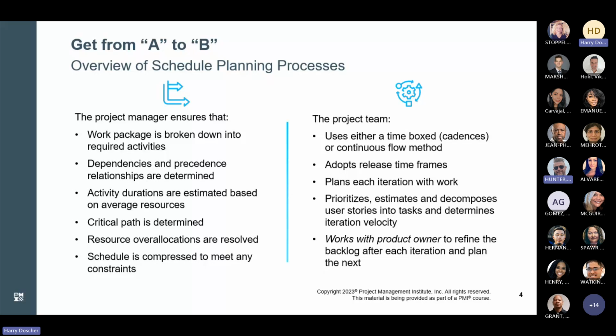So for predictive, the project manager has a lot of responsibility and a lot of things to do. So the PM needs to ensure that the work package is broken down into required activities. So that's really creating all of the required activities for the entire project.